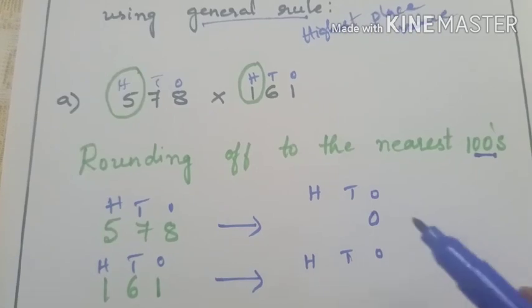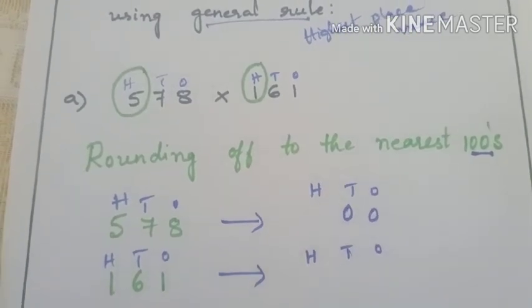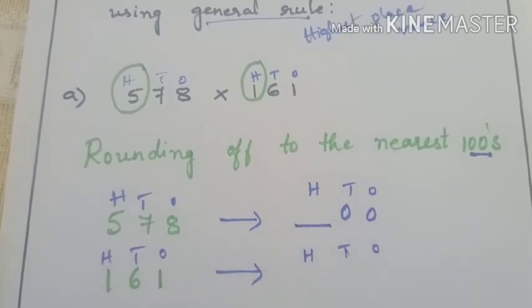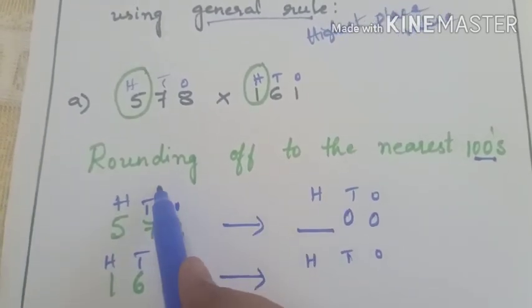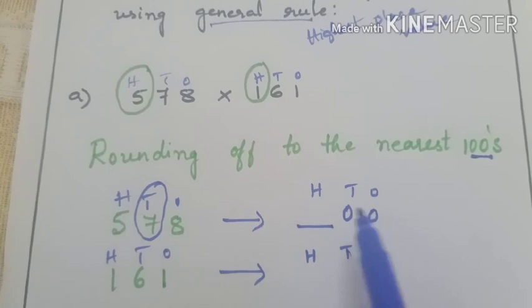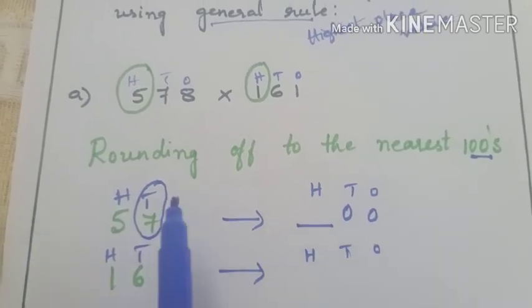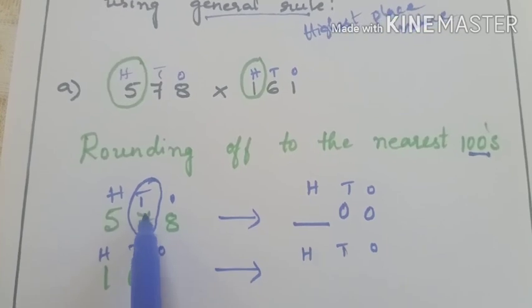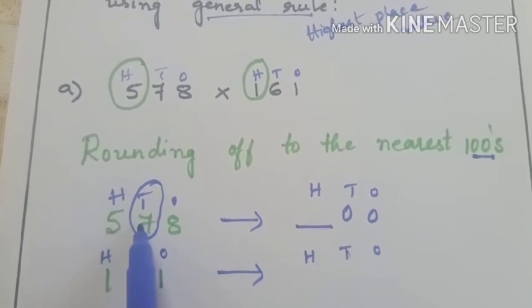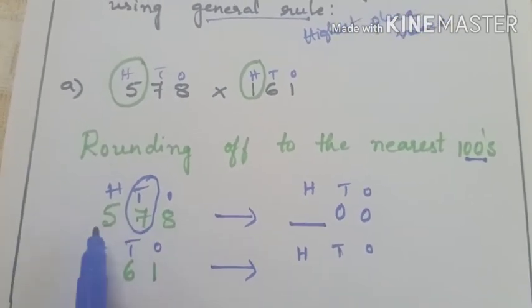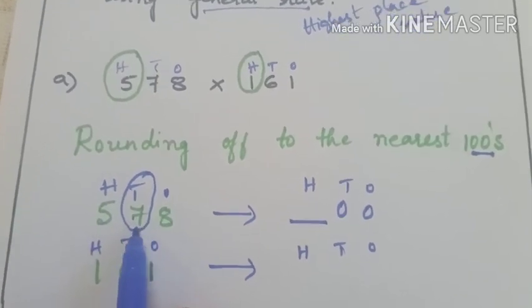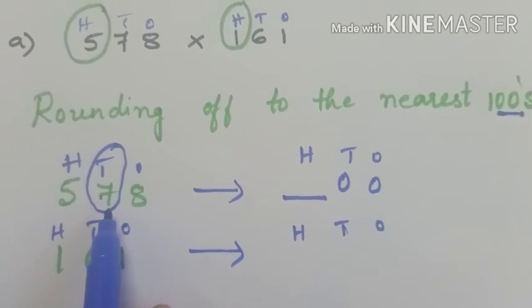Ones place becomes 0, tens place becomes 0. Fine. To fill the hundreds place now, we have to check the tens place. To fill the hundreds place, you should not check the hundreds place. You should check one place before the hundreds place, that is the tens place. See the tens place. What is the number given here?